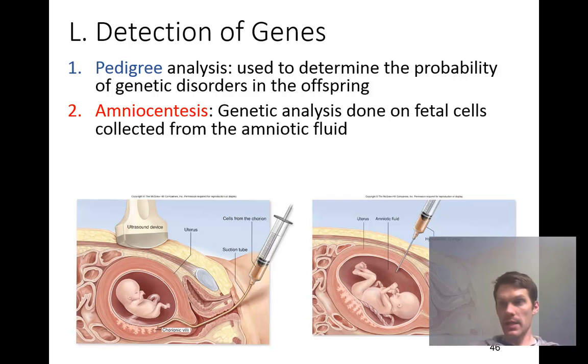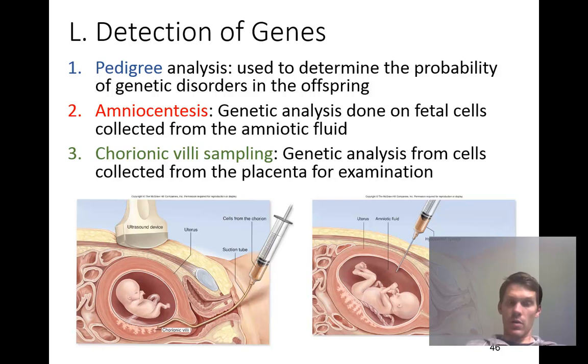The amniotic fluid contains cells similar to the baby itself, and you can do DNA analysis on that and look for certain markers of diseases. Or chorionic villi sampling, a similar thing where cells collected from the placenta are examined for genetic traits. This is done mostly to look for genetic abnormalities that may affect the child's development or even its ability to survive outside the uterus.